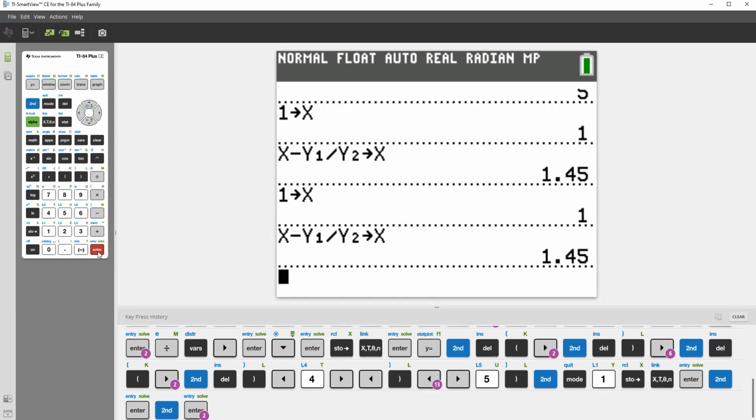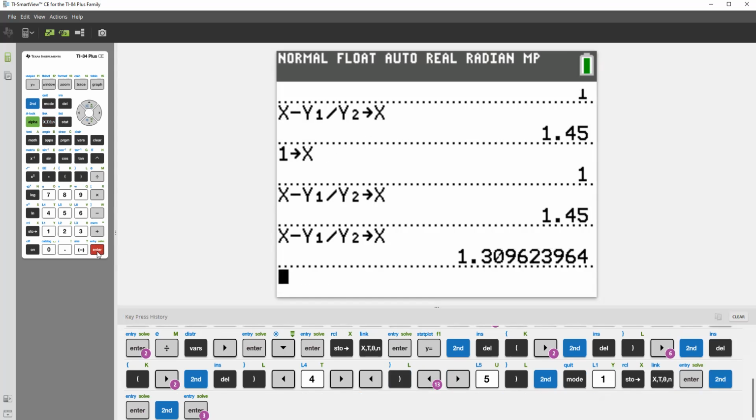Okay, and that's okay. So let's make sure we're all there. All I have to do, what is x now? x is now 1.45. All I have to do is hit enter, and it does it again. And there is my 1.309625. So that is my third. This is my first approximation. This is my third approximation.